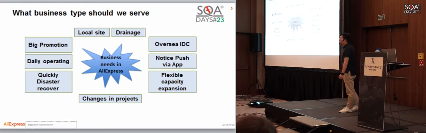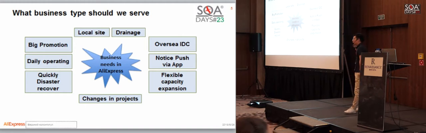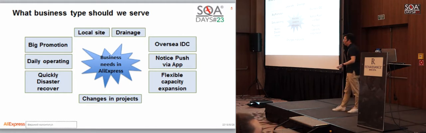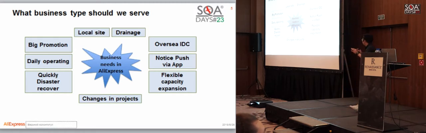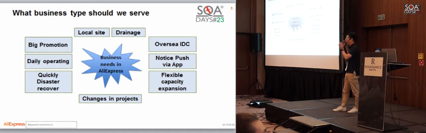If our data center in the United States is down, say there is a fire disaster in the data center, we can switch all the users' traffic to any other data center, even in China or Europe. Also, our business is growing very fast, so we also need to support the changes in our projects.